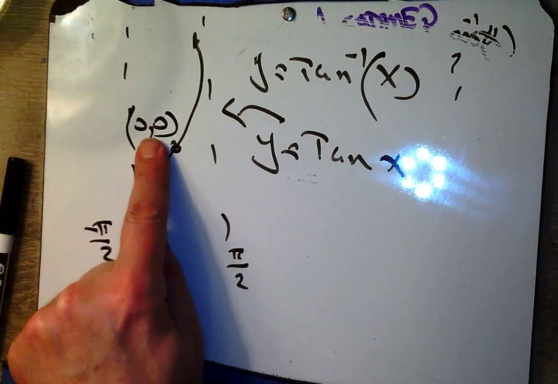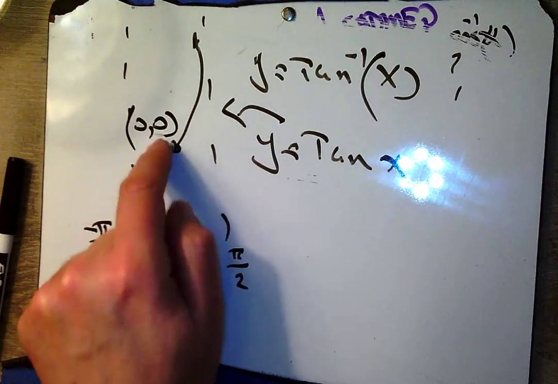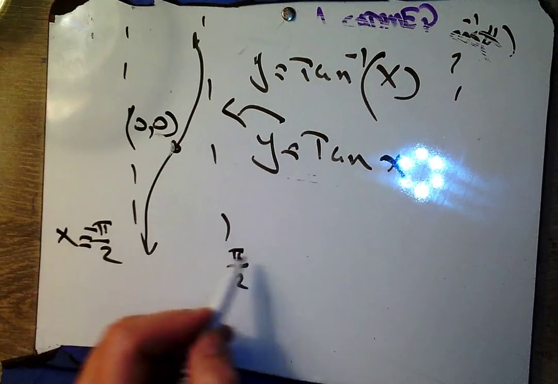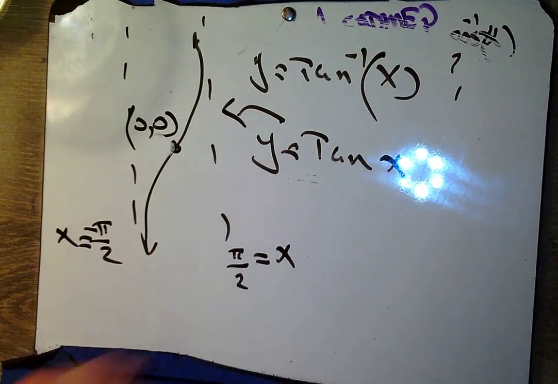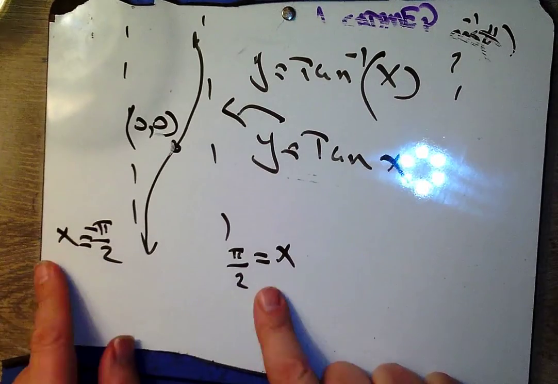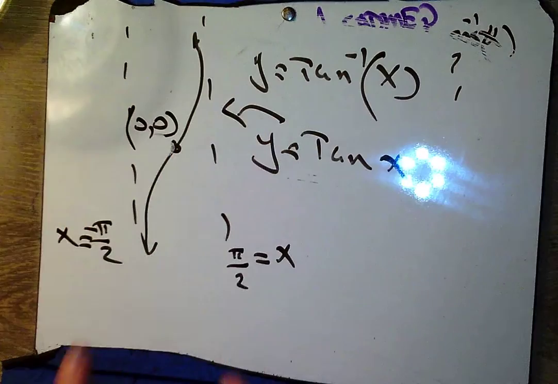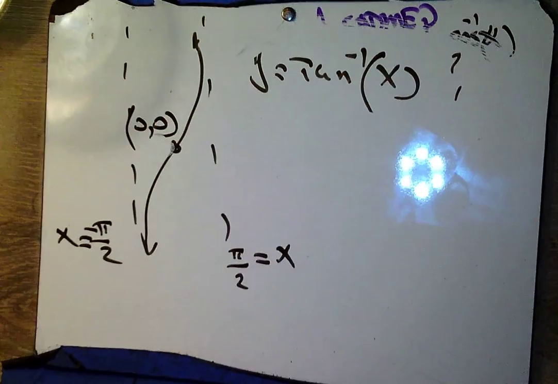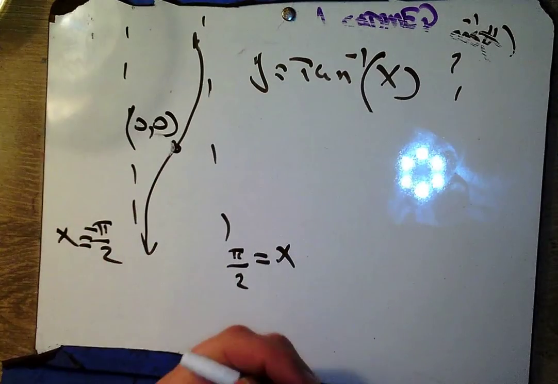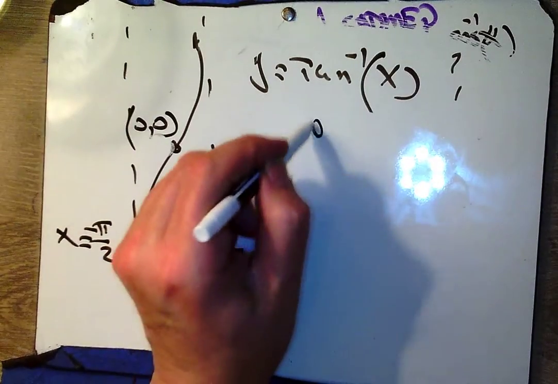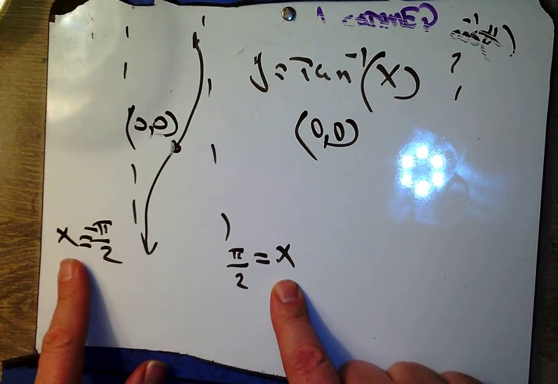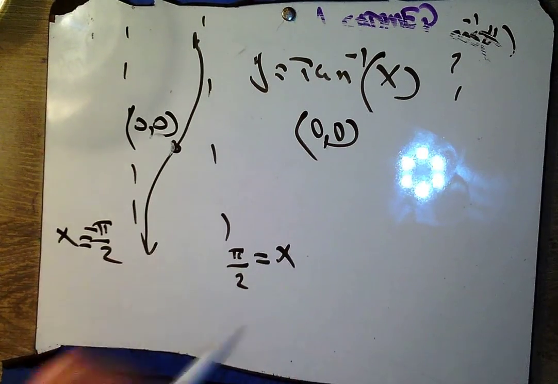Well, this pair flips, still looks like 0, 0. But remember, these vertical asymptotes have a name in math, and they're called x equals. X equals a number is this vertical line. So what must exist, not on tangent, but on inverse tangent? If I flip the x's and y's, I still have the ordered pair 0, 0. But what do I have now?